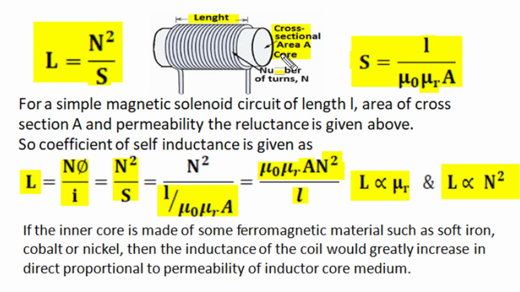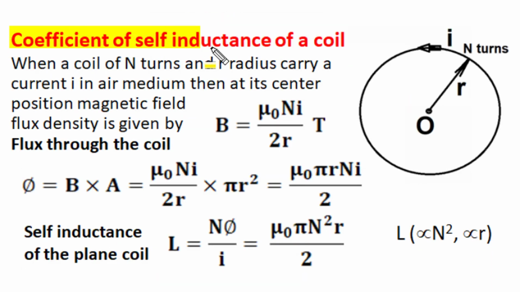And if inner core of solenoid is made of some ferromagnetic material such as iron, steel, nickel, cobalt or ferrite of higher value of mu r, the coefficient of self-inductance greatly increases in direct proportion to relative permeability. So in place of air, if we put iron of relative permeability 2000, the coefficient of self-inductance will increase by 2000 fold. Let's find out coefficient of self-inductance for a plain circular coil.